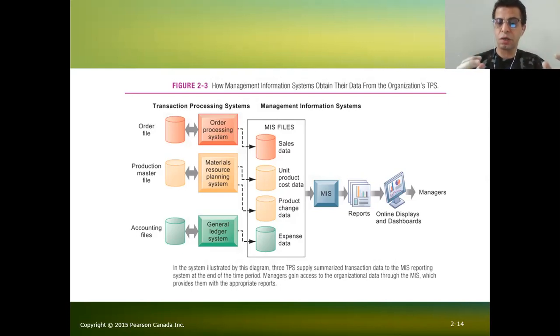It becomes a report, or they can utilize Crystal Reports or a different application for that, or it could be an online display, as we said, as a pie chart or histograms for the managers.